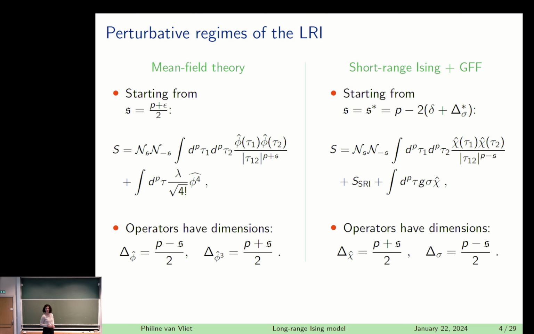So even for s equal to 0, there is already a logarithmic singularity at short distances. And if you increase it higher, it's very badly behaved at short distances. When tau 1 goes to tau 2, just look at the denominator. Yes, no, I agree.